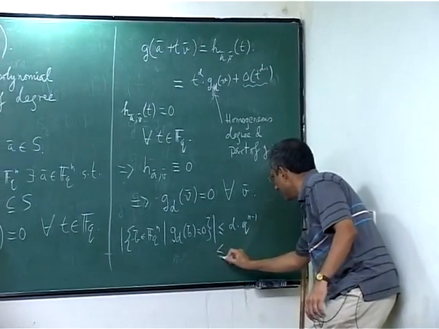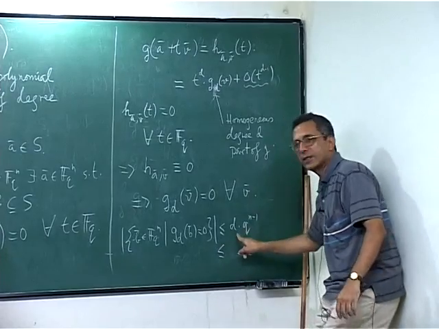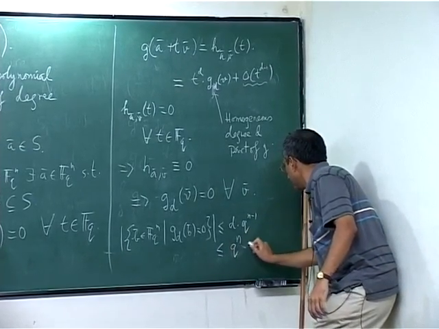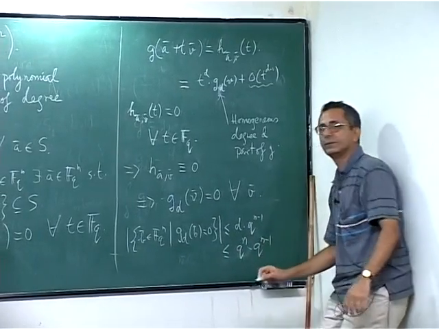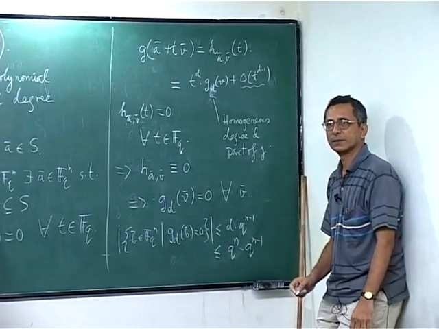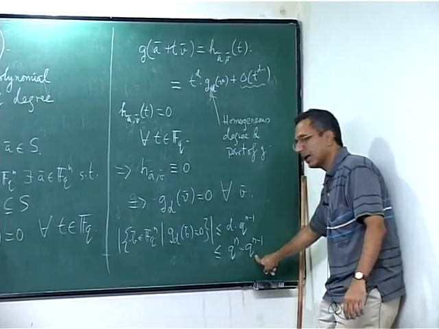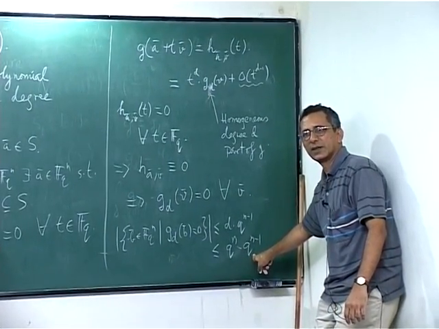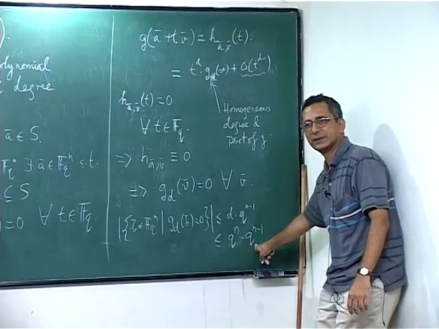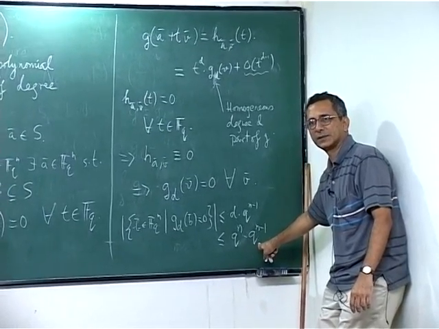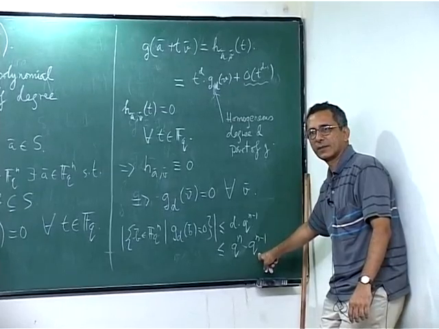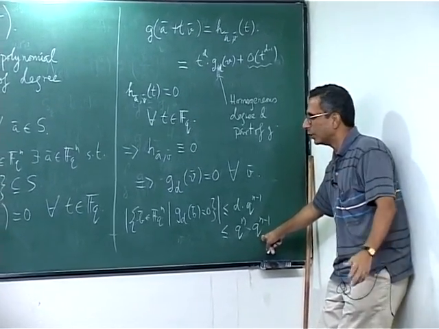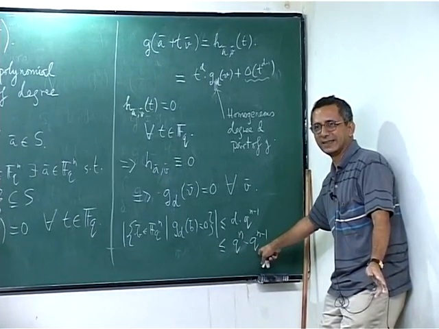This is less than or equal to (q minus 1) times q^(n-1), which is q^n minus q^(n-1), and q is at least 2. And n equal to 1 we are not looking at.